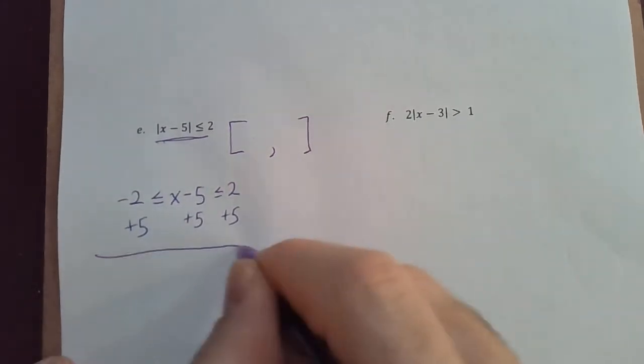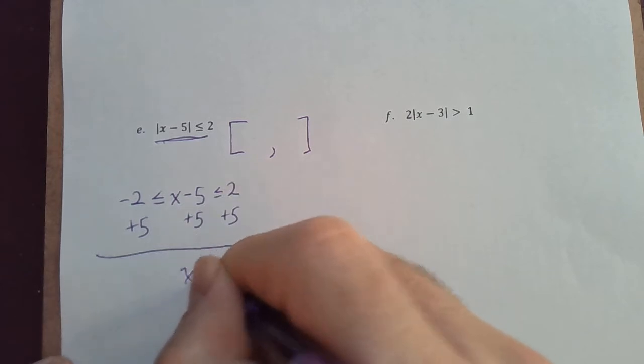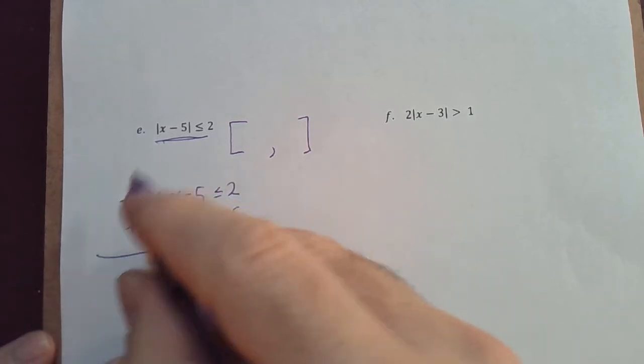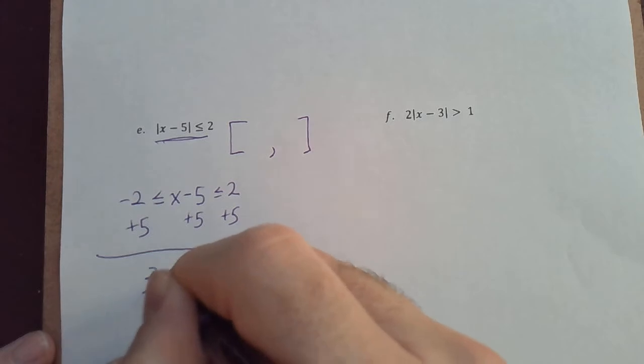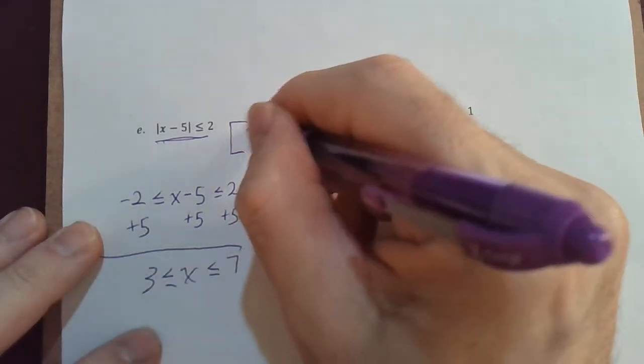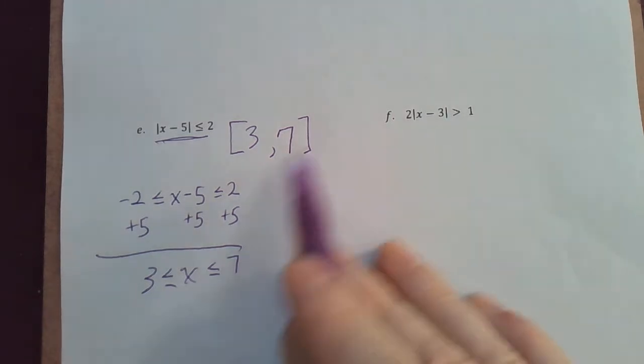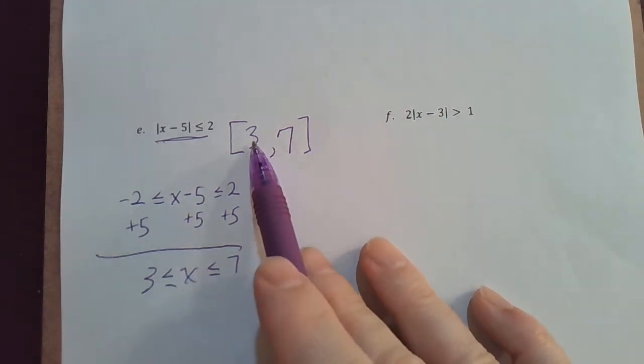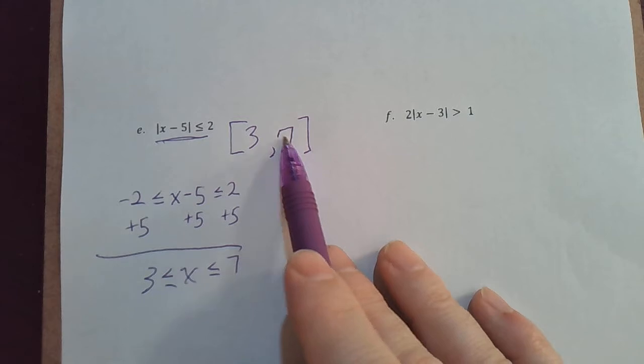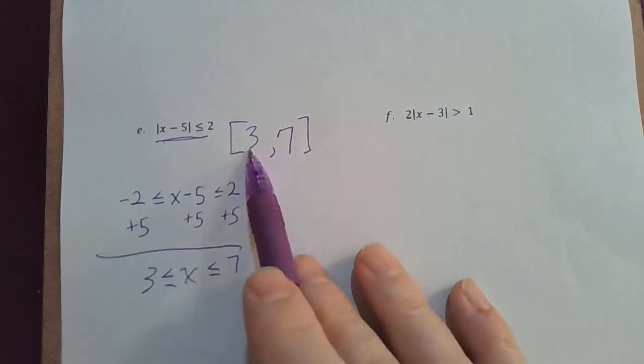And what do we get? That gives us x in the middle, 7 on the right, and 5 minus 2 is 3 on the left. 3 and 7. I'll let you graph it, but it's quite simple. Just put a filled in circle on the 3 and the 7 and shade everything in between them.